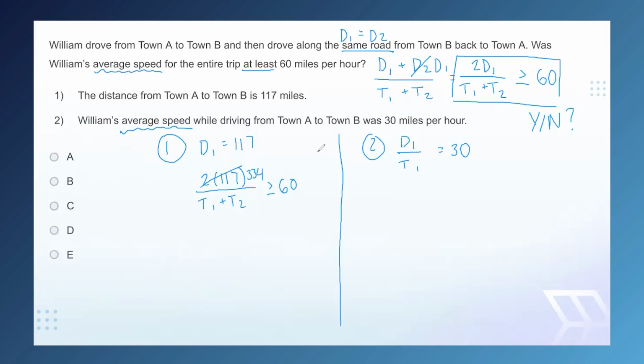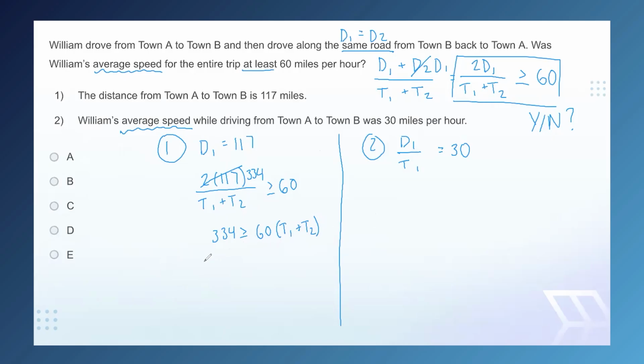Okay, now since we know that T1 plus T2 is positive, we can multiply it on both sides without changing the direction of our sign. So that's going to give us 334 is greater than or equal to 60 times T1 plus T2.